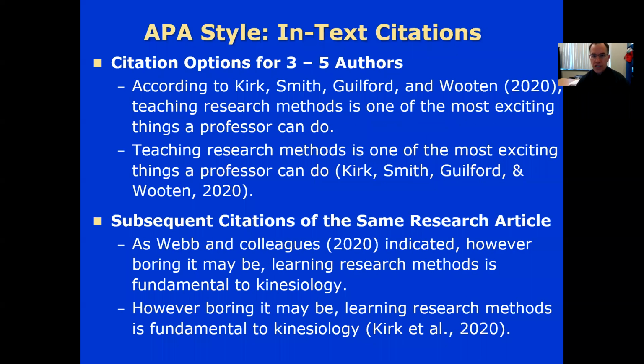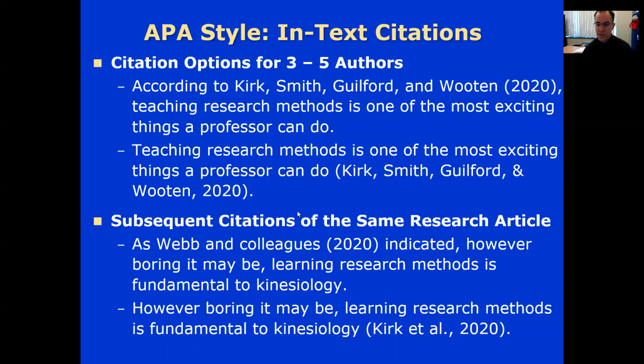Now here's when you're using 3 to 5 authors in your citation. The first time, you would list all the authors in that article. Again, here's an example of using it within a sentence or at the end of the sentence. Notice again the ampersand, because it's inside the parentheses.